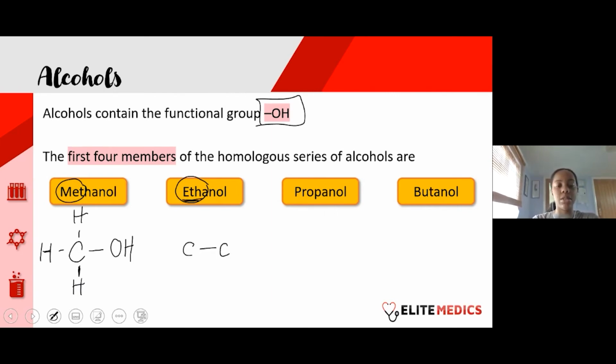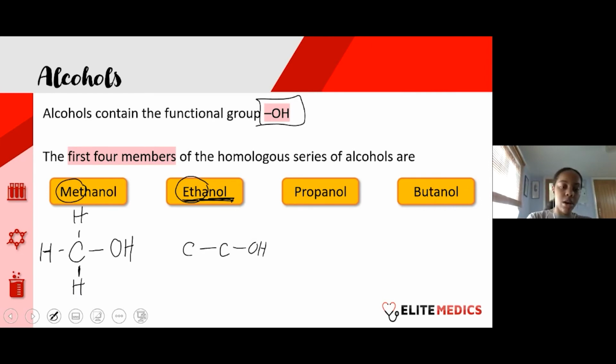They're going to be bonded together because they're friends. And we know that ethanol ends with this anol part, which means it's an alcohol, which means it must have an OH at the end. All right, but we are not done. Why? Because carbon makes 4 bonds.